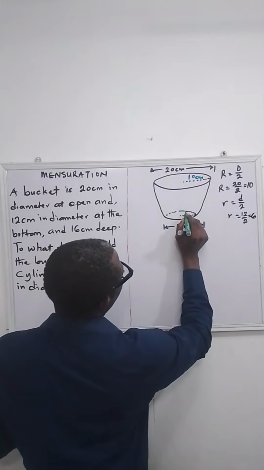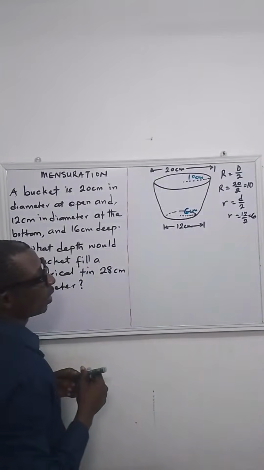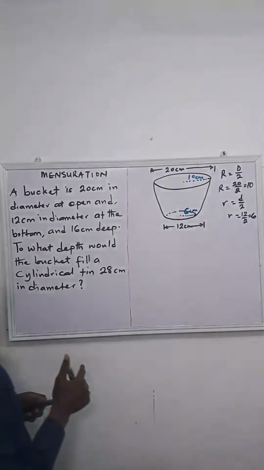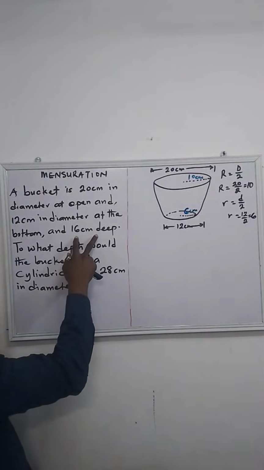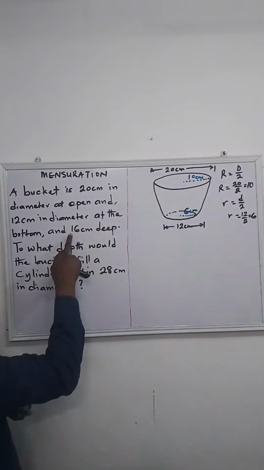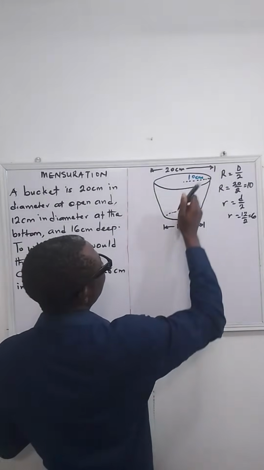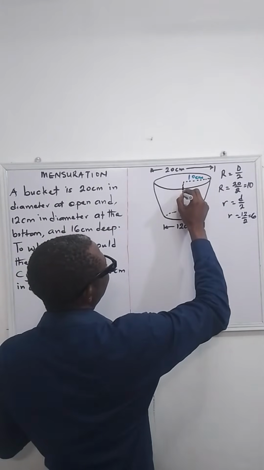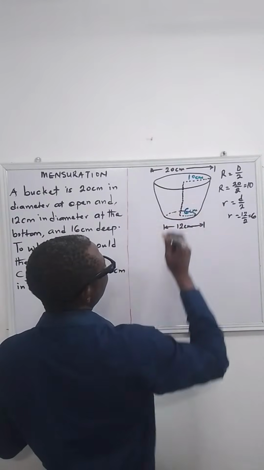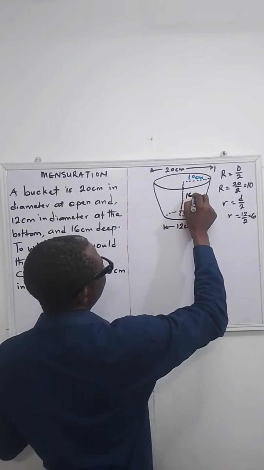In the question, we're also given the depth of the bucket, 16 centimeter deep. So the depth here is 16 centimeters.